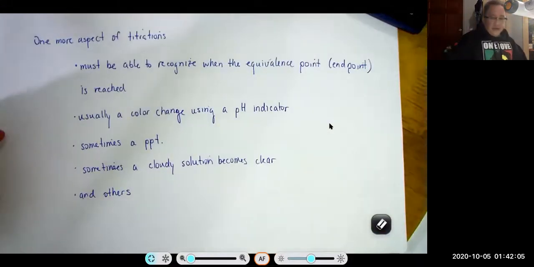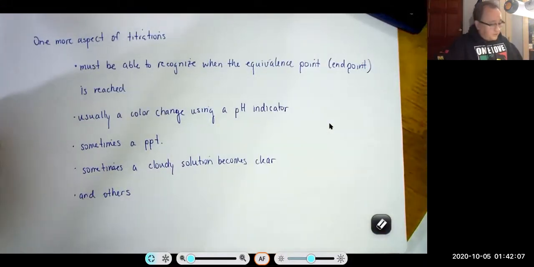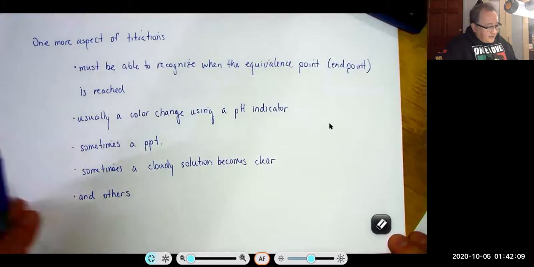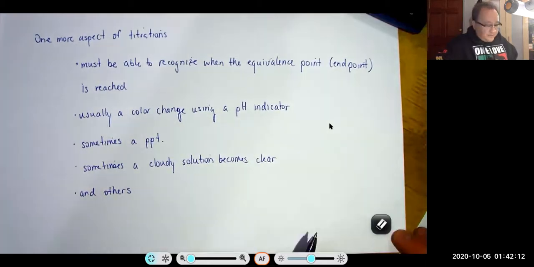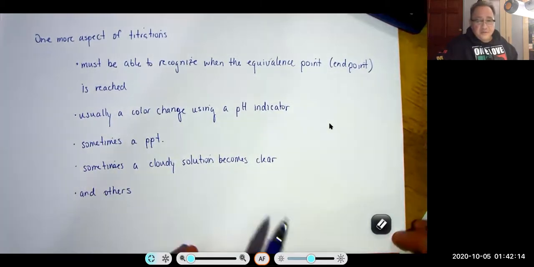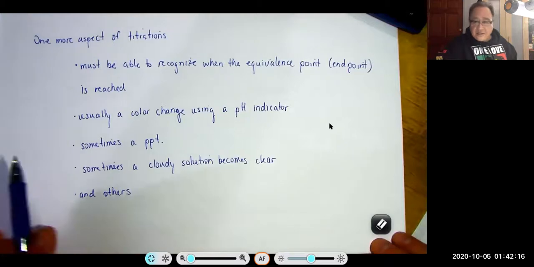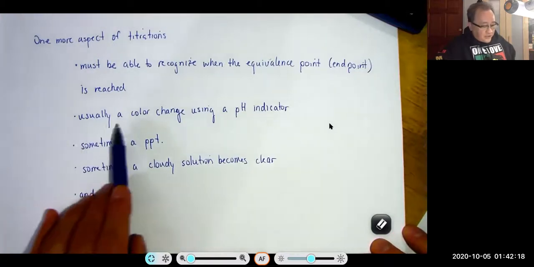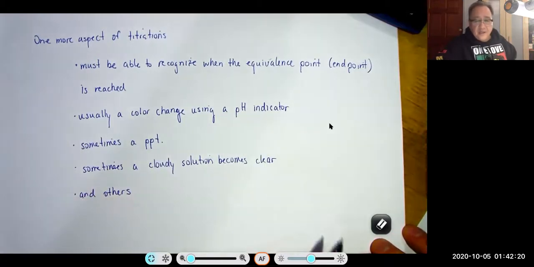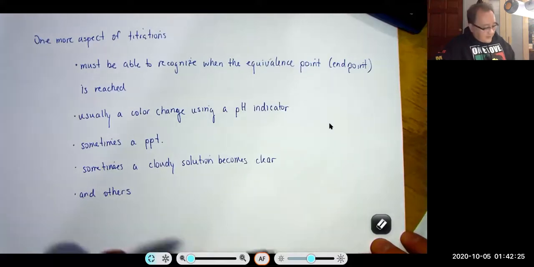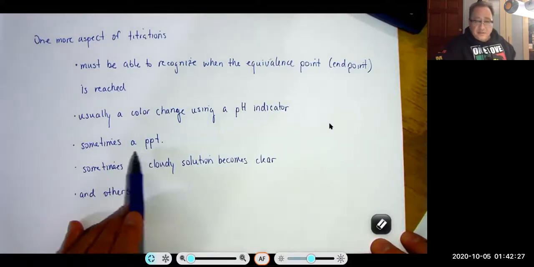So here's another aspect of titrations that we need to be concerned with, and that's recognizing the equivalence point. How do you know when you've reached the endpoint? With acid-base titrations, we usually use a color change using a pH indicator. But let's say that it's not an acid-base reaction, but it's a reaction that forms a precipitate.